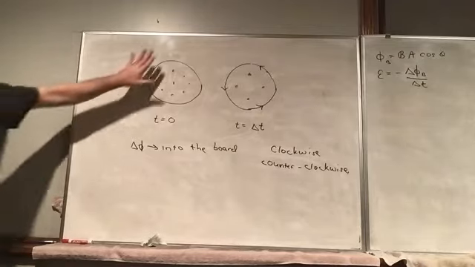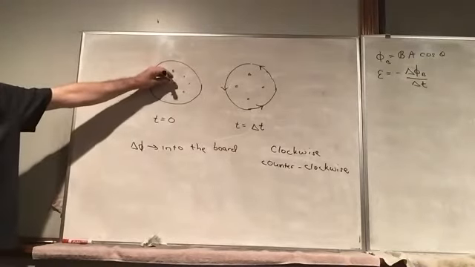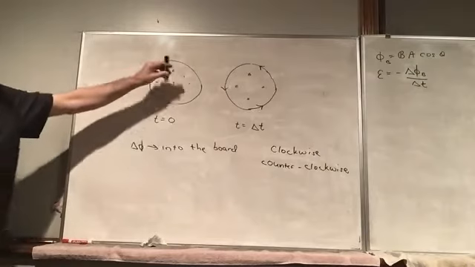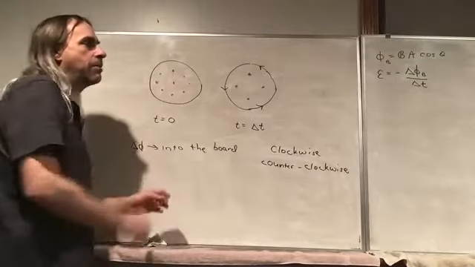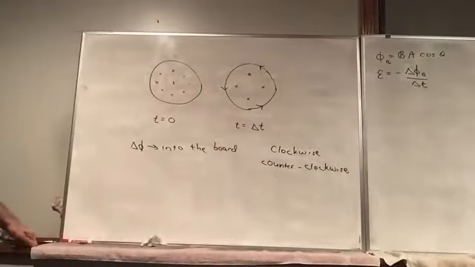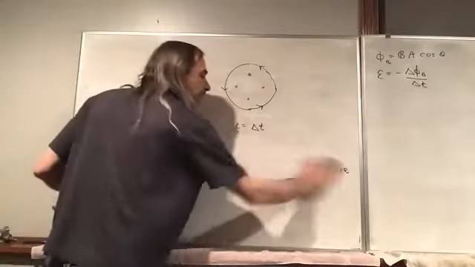So like we have our surface here, it has an area where we draw a normal line, and that theta is the angle between the normal and the magnetic field. So there's three things that determine the flux: the magnetic field, the area, and the angle. And so if you change any one of those, you will get an EMF.